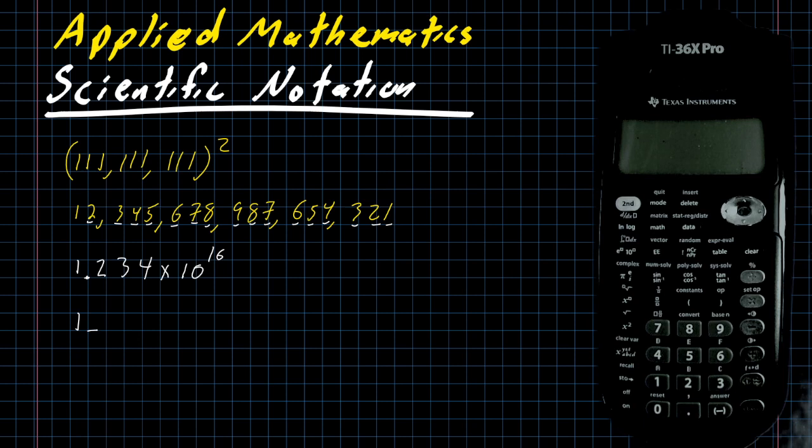So I'm going to need 1, 2, 3, 4, 5, 6, 7, 8, 9, 10, 11, 12, 13, 14, 15, 16 more digits. I start filling in with the digits that I have. 2, 3, 4. At that point, I have run out of information, and I fill in everything else with placeholders.